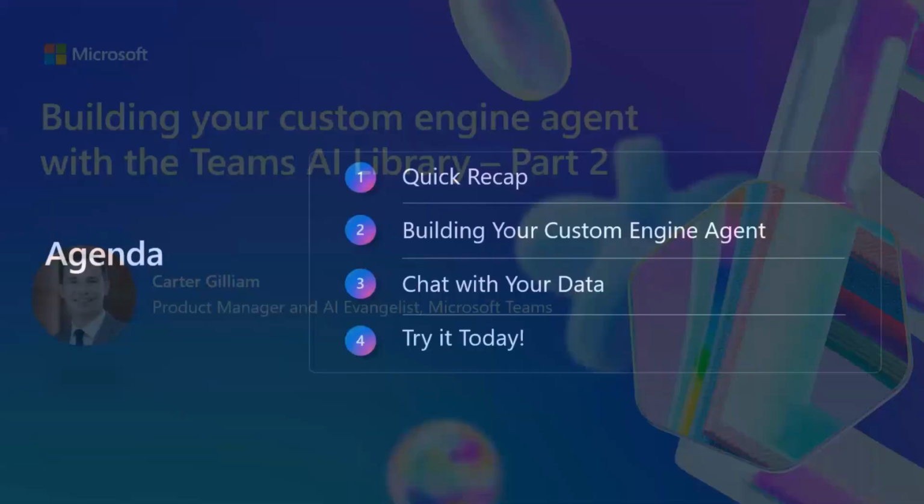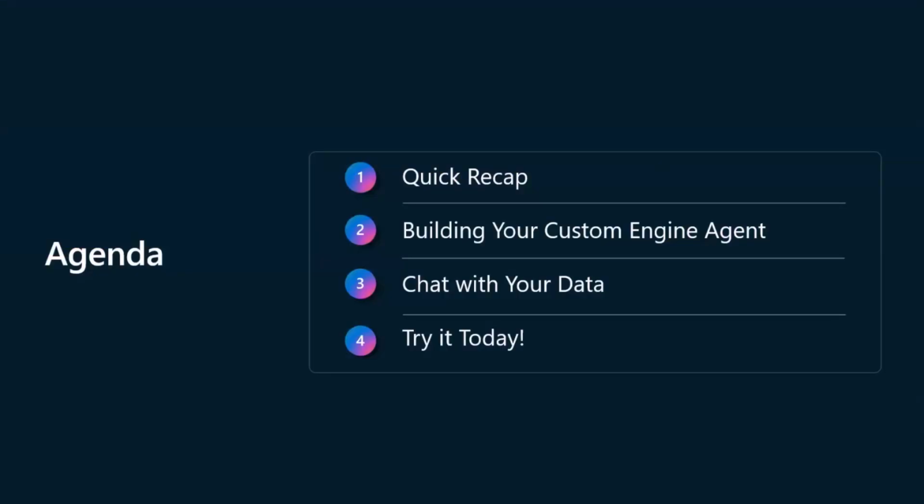We're going to start out with a quick recap of what we were doing last week, with additional context and details, because when you're building your custom engine agents, there are layers and layers you can go deeper to perfect your agents and apps and add capabilities. We'll continue our build.